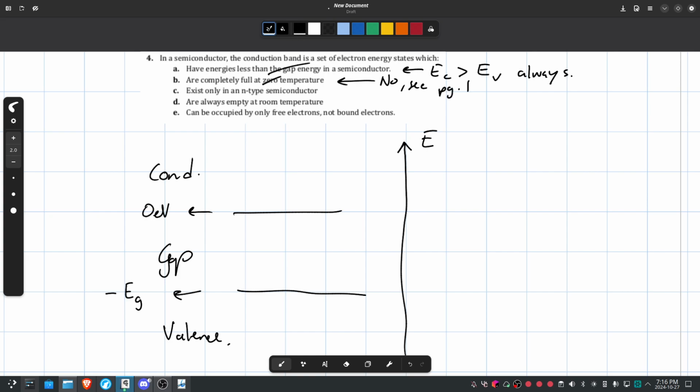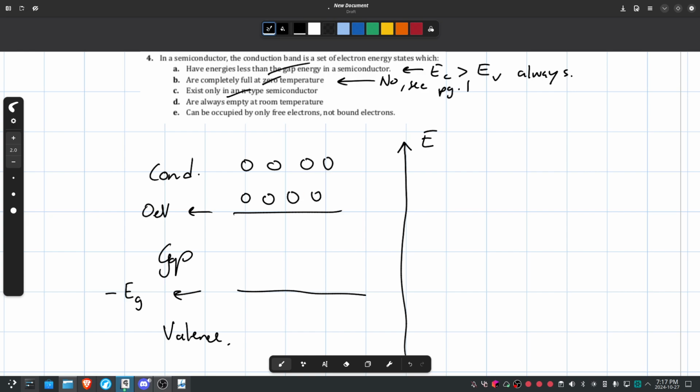Option C: exists only in an N-type semiconductor. No. Conduction bands don't just disappear in a P-type. The only thing is that the conduction band is going to be completely empty, so it's not going to be doing anything.